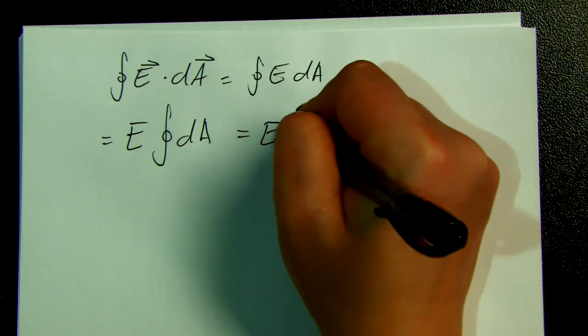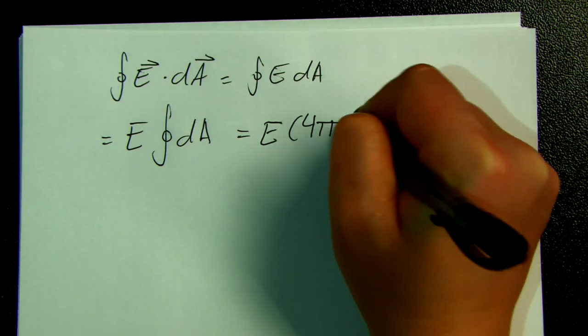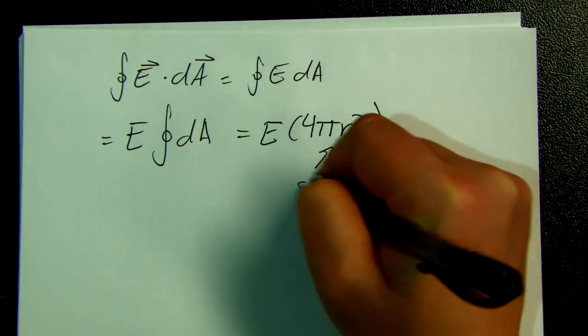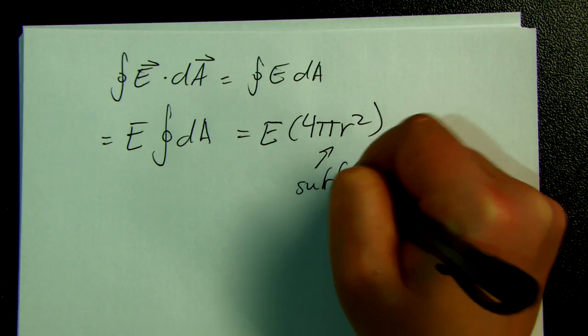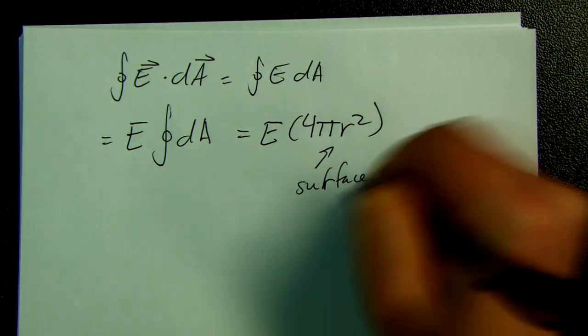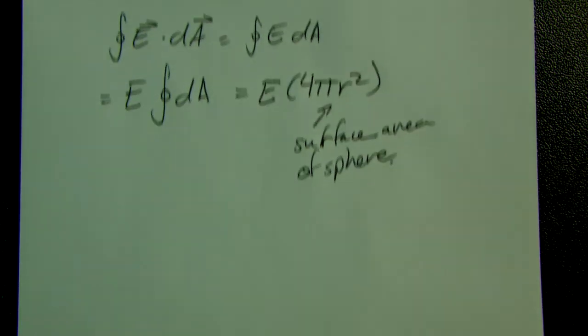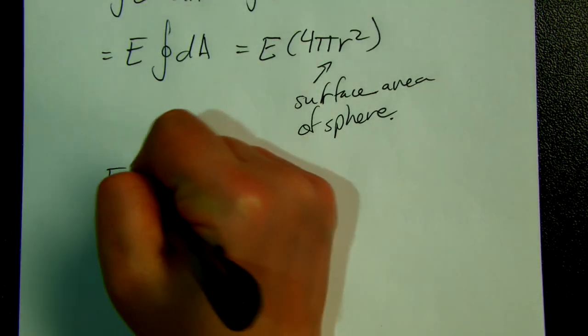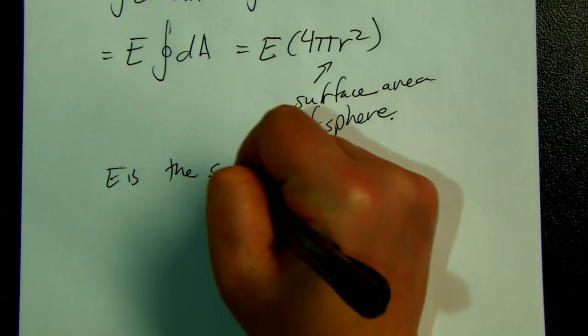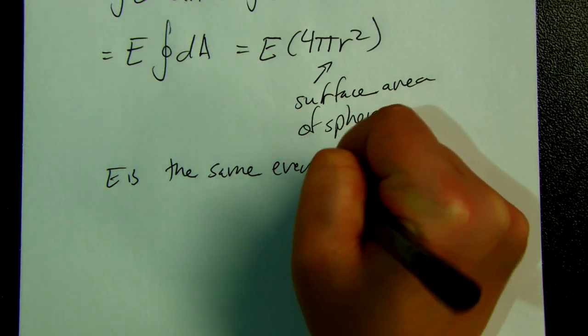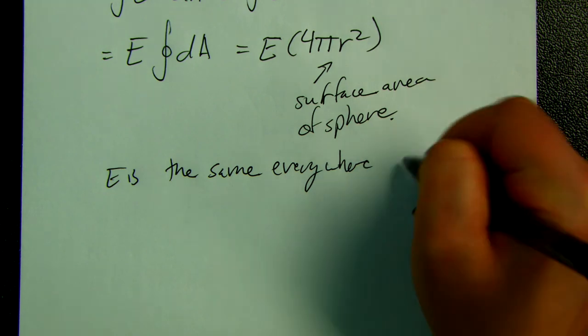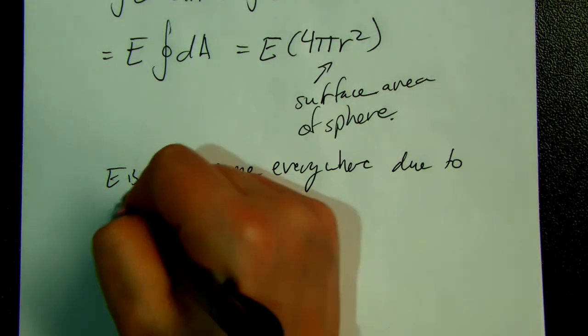So this is equal to E times 4 pi r squared, surface area of a sphere. All right, and E is the same everywhere due to symmetry.